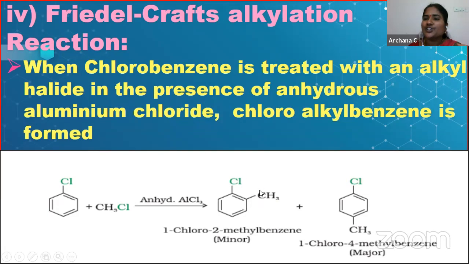So alkylation of benzene takes place here. What is the electrophile here? CH3 plus is the electrophile generated here.